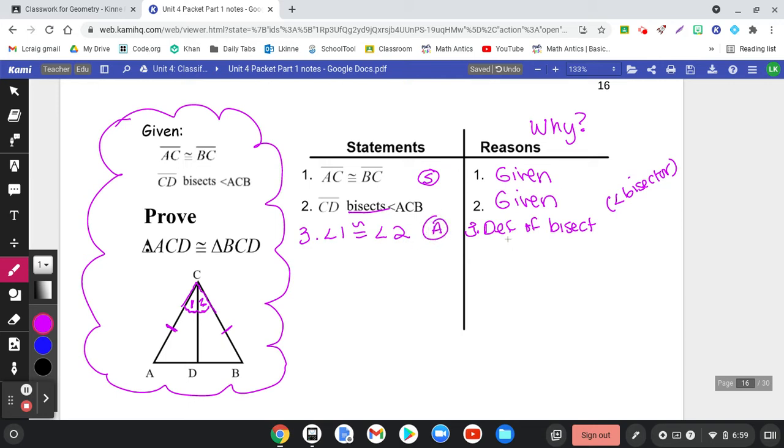All right. So I'm not doing side, side, side because I don't know anything about these sides. But what we do have, we have side, angle. Look at this, side is shared. CD is congruent to itself. So I can say CD is congruent to CD because we're in 2 different triangles. Side CD is congruent to side CD, and that's our reflexive property.